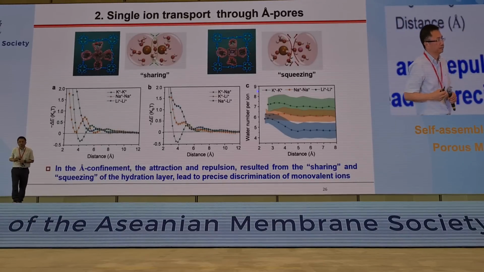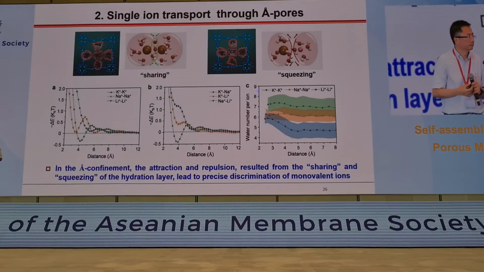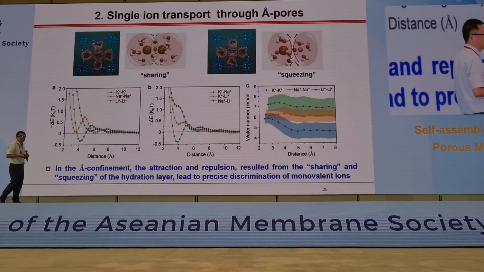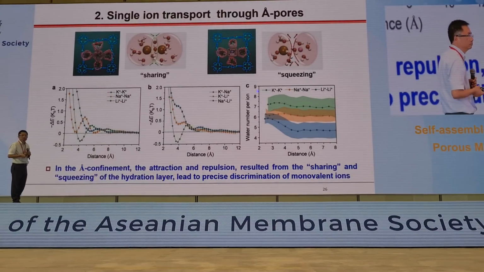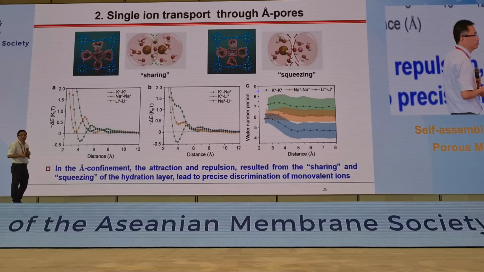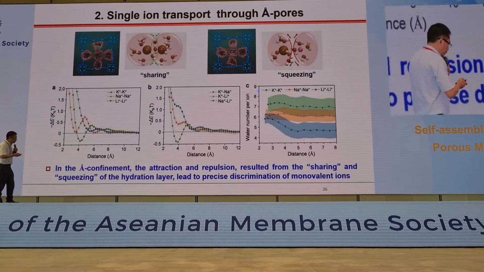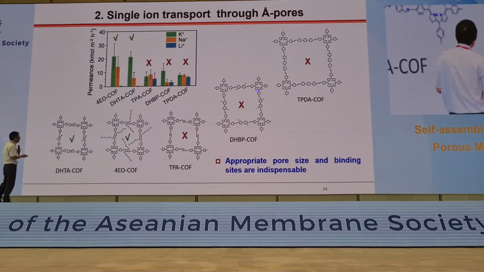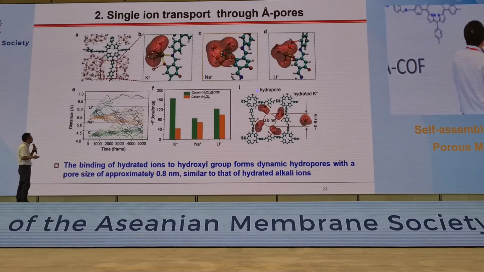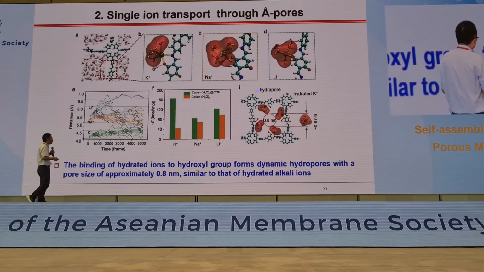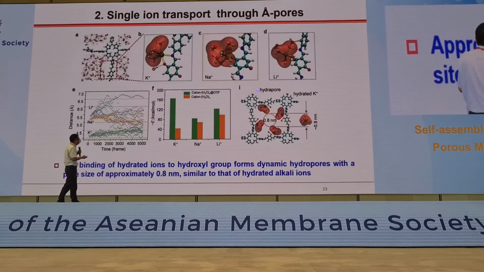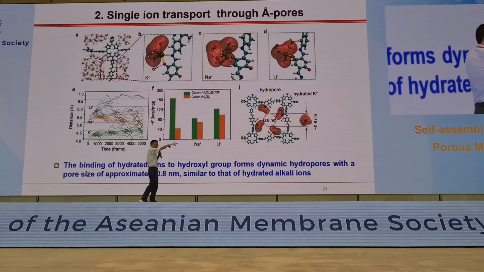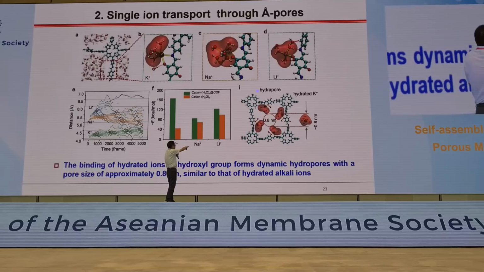Thank you. May I ask another question about whether the dynamic pore can help us control the ions? Yeah, because these dynamic pores are quite important. What do dynamic pores mean? That means the hydrated ions can be absorbed inside the pores.